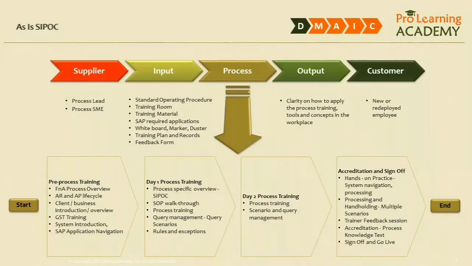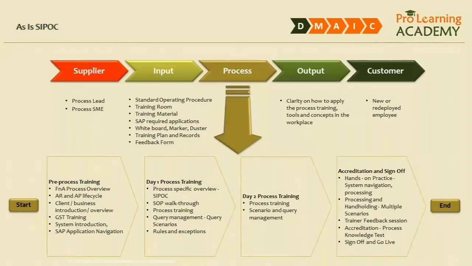The output in this example would be clarity on how to apply a particular process with the help of the training. Somebody would take the training to get the clarity, to gain knowledge or the skills required to perform a task.